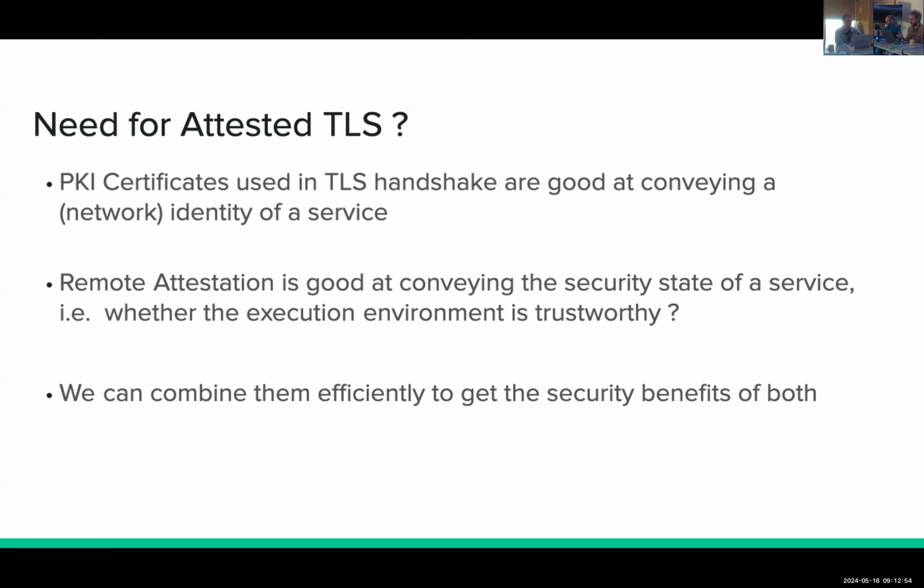So an identity of that peer on the internet. Remote attestation is good at doing something else, which is conveying the security state of the device, and so deciding whether the execution environment where the actual keys exist is trustworthy. And the idea here is to take these two worlds and combine them together efficiently to get the security benefits of both.